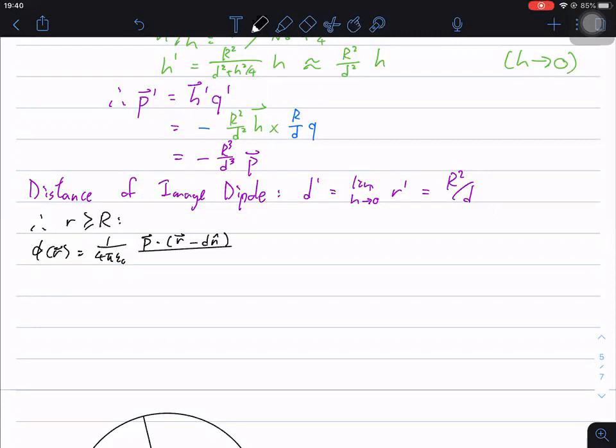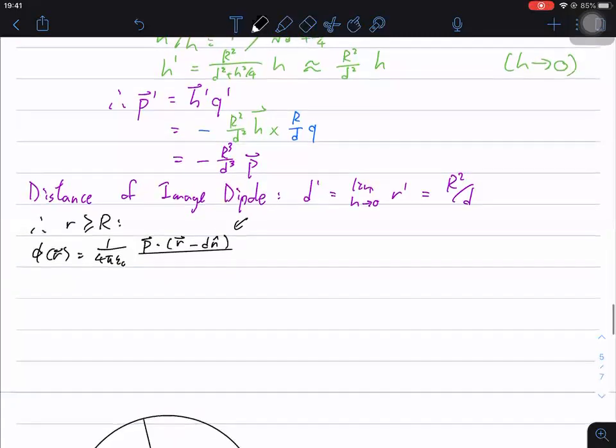Since we are writing the potential, the contribution should be P dot R hat over R squared, but here we are using the vector R, not R hat, so the form should be P dot R over R cubed.